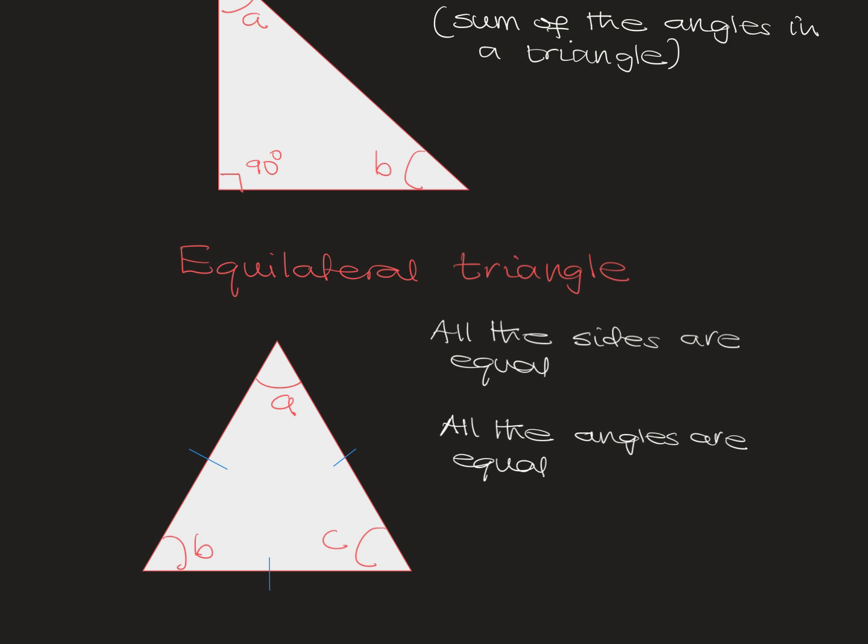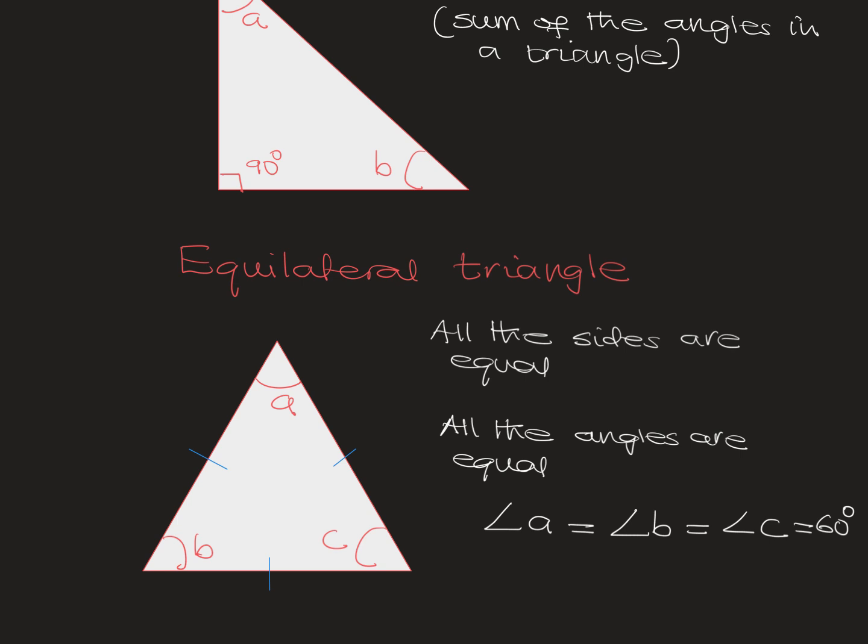And we know that for any triangle, the total angle must be equal to 180 degrees. So which means each is 60 degrees, right? We know that angle A is equal to angle B is equal to angle C, and each angle is equal to 60 degrees. Okay, that is specific for equilateral triangles. Each of these angles is 60 degrees.